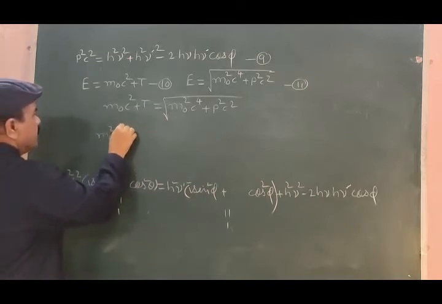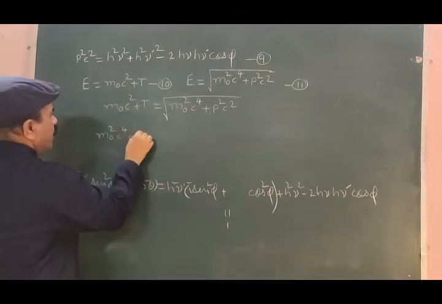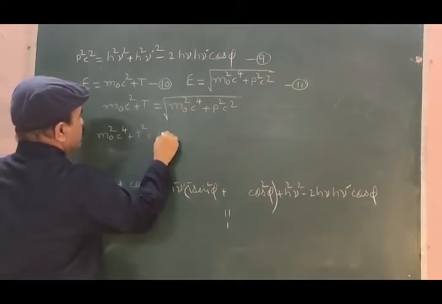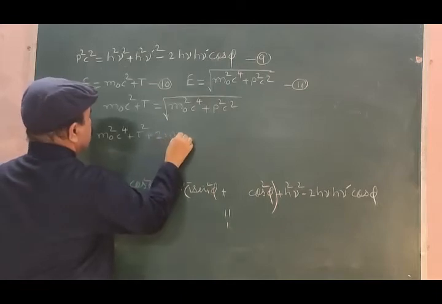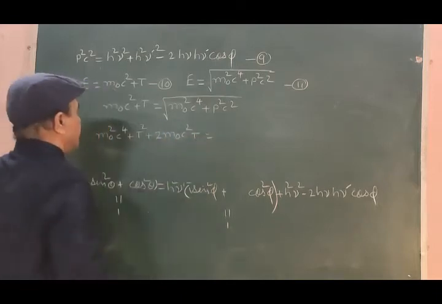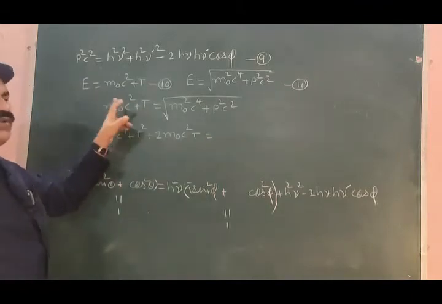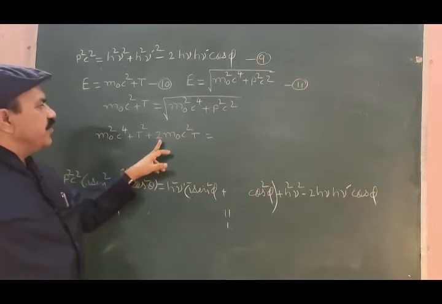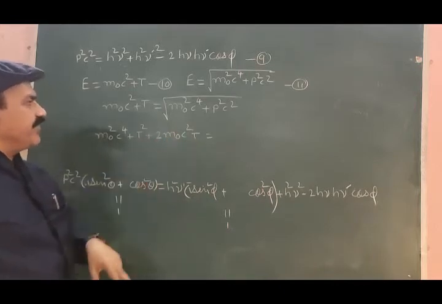We get m0 square c to the power 4 plus T square plus 2 m0 c square T, using a plus b whole square equals a square plus b square plus 2ab.